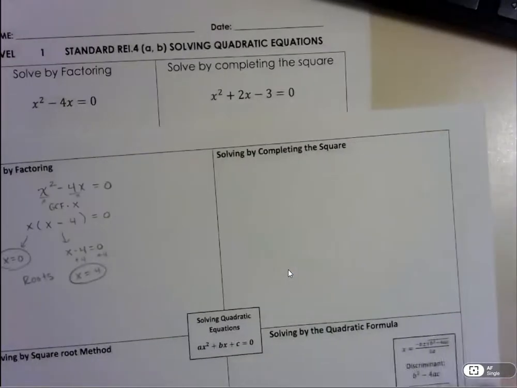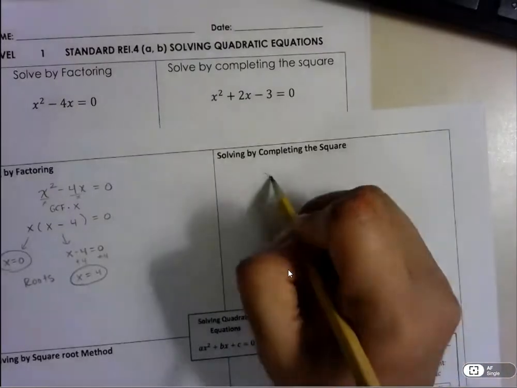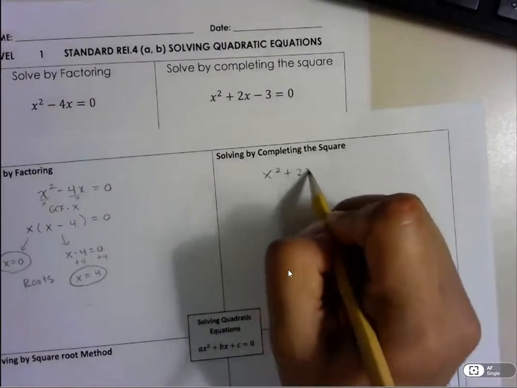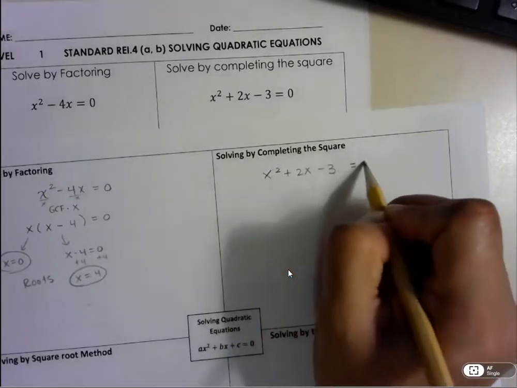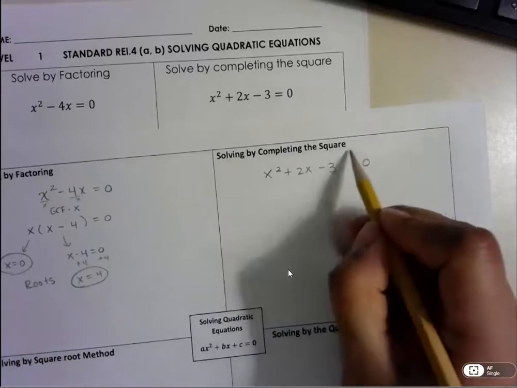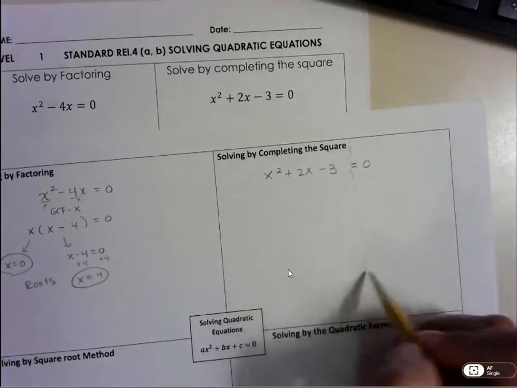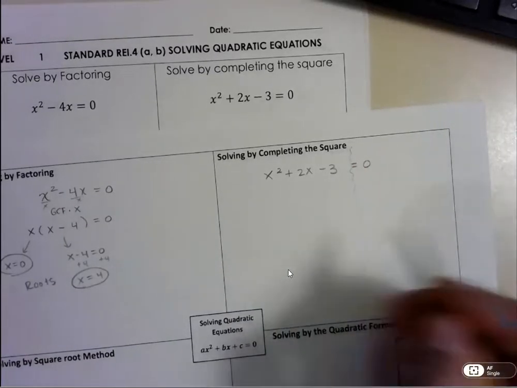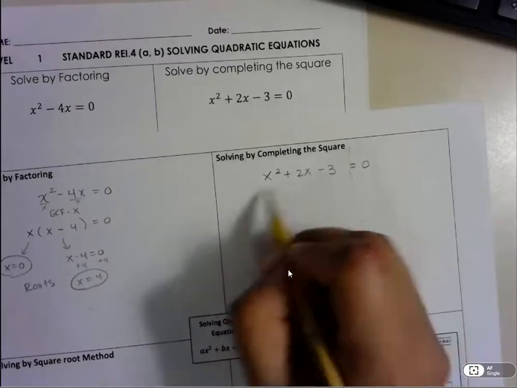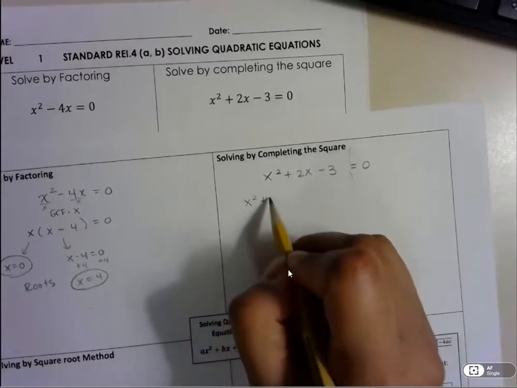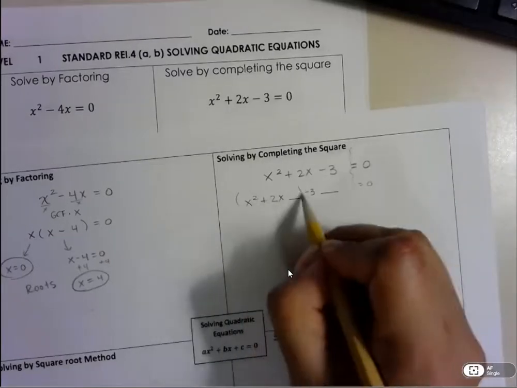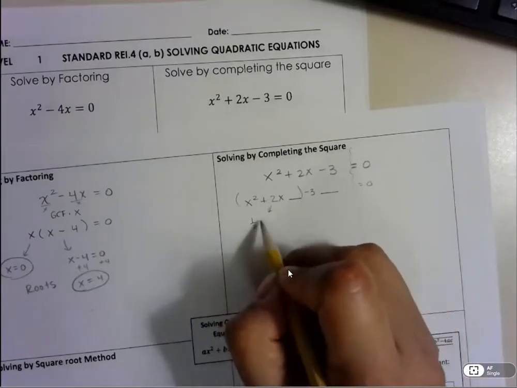The next one we want to solve by completing the square. So you are given x squared plus 2x minus 3. So we're going to work on this side. Remember, equal 0 is going to stay there. So there's nothing here, so we're just going to make some room. And we're going to take half of this number.